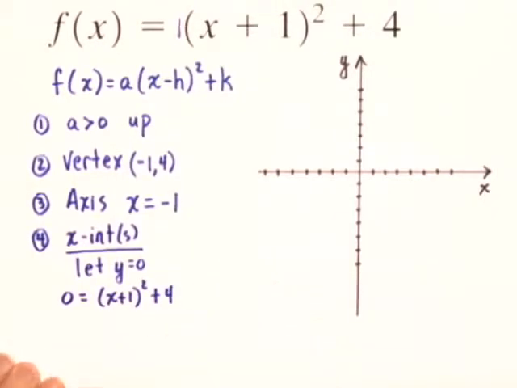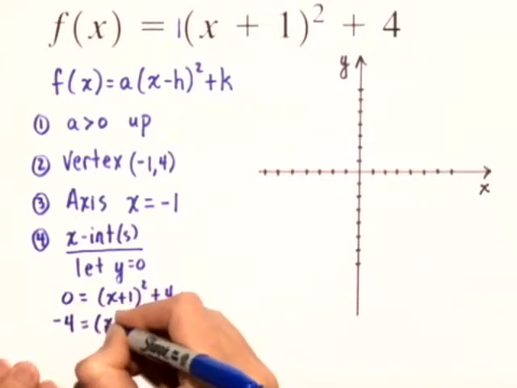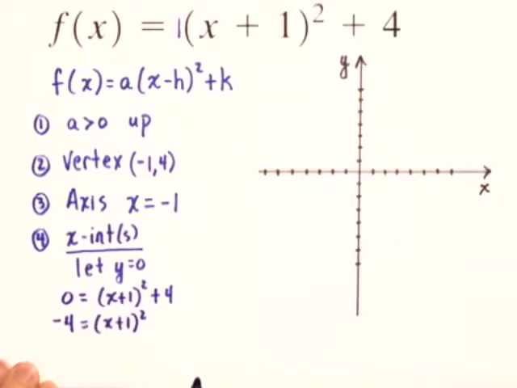If I subtract 4 from both sides of this equation, I get negative 4 equals the quantity x plus 1 squared. But notice, if I take the square root of both sides, on the left-hand side I'm taking the square root of negative 4. That's not a real number.